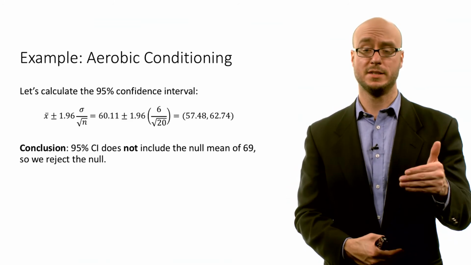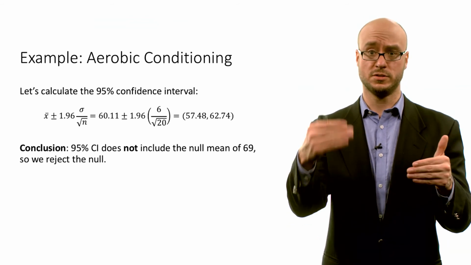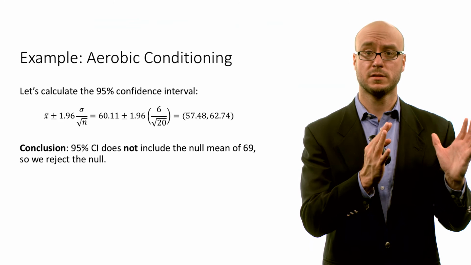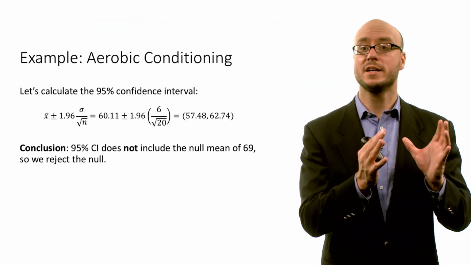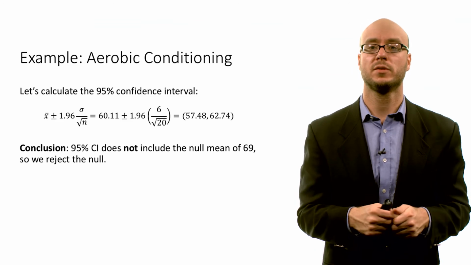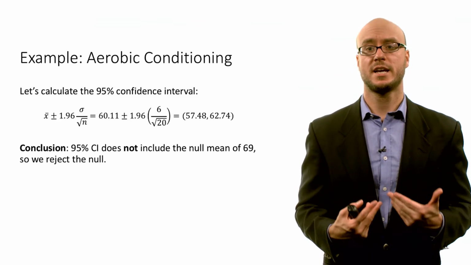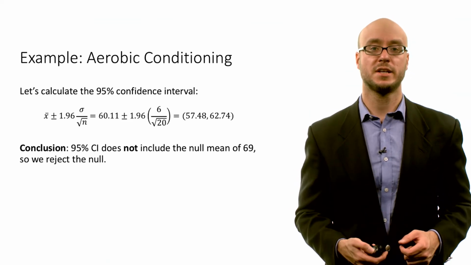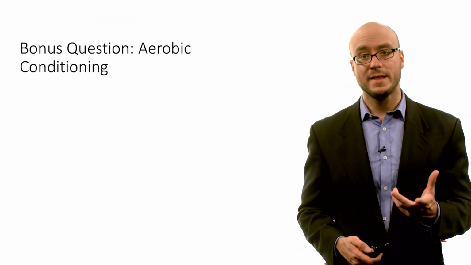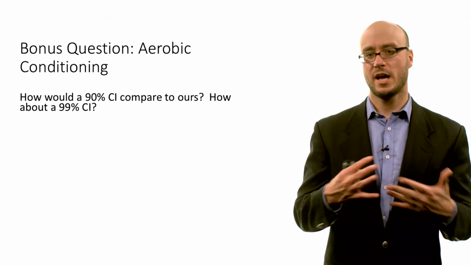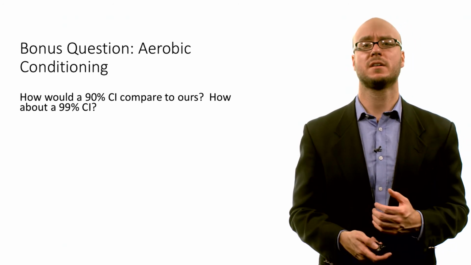So the claim is that mu for Harvard students equals 69. Well, in fact, this confidence interval is much lower, right? Which suggests that Harvard students are more aerobically conditioned based on this sample of data. So in this case, we reject the null that Harvard students have a mean of 69. And you might say, well, how would a 90% confidence interval compare to ours?